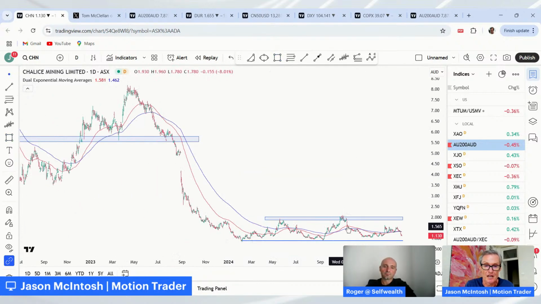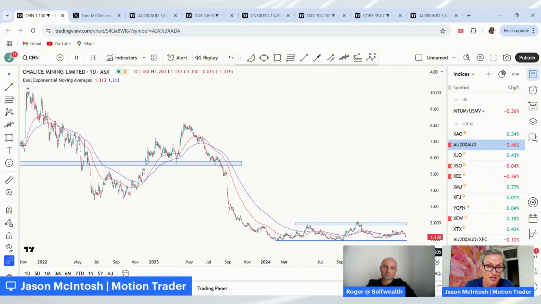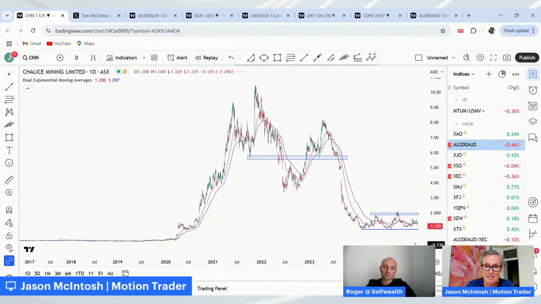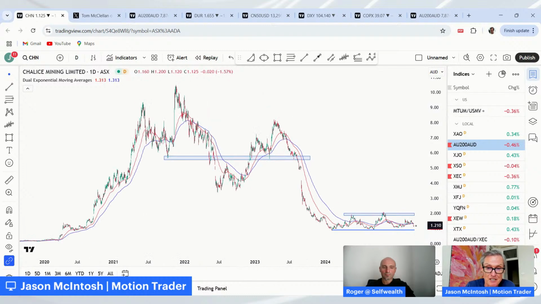What if this is just like a holding point before another excursion to the downside? There's nothing to say it has to base here and turn higher. It could, but it could also break from this range and head lower. I don't know that it will do that, but you've got to be open to all sorts of scenarios, and they're not all bullish. They're not all bearish either. But at the moment, the price action doesn't give me any confidence to buy this stock.